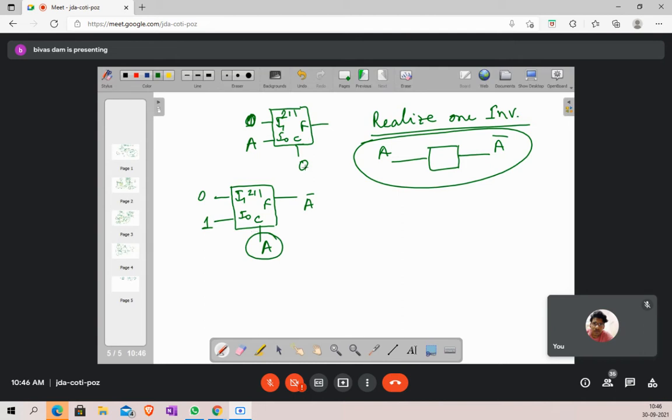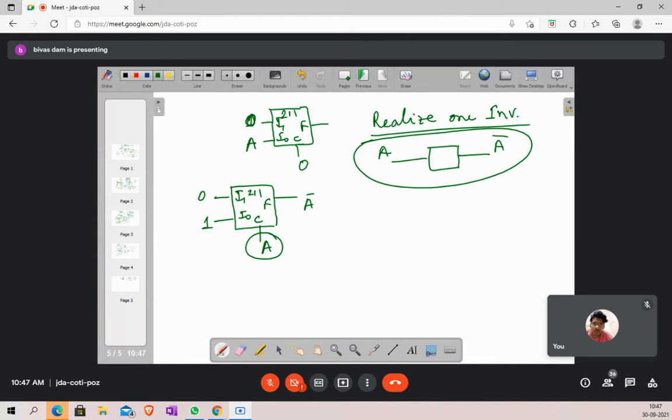Otherwise, if I fix the control input to either 0 or 1, I will always get only one single output, either continuously A or continuously 0 or 1.